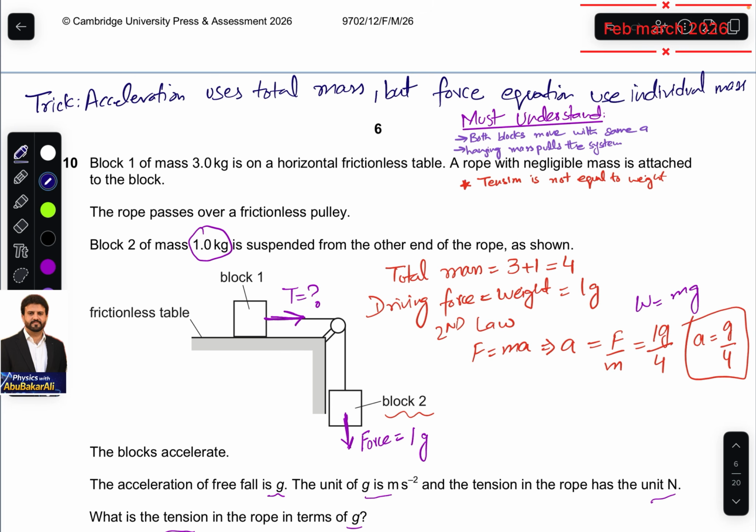Now let's discuss the tension T. This is for block 1, because that is the tension force acting on block 1, and its mass is 3 kg. If I write F is equal to ma, the force acting on it will cause the acceleration, and it depends on the mass of block 1. I'm looking at this in isolation, forgetting there is anything else.